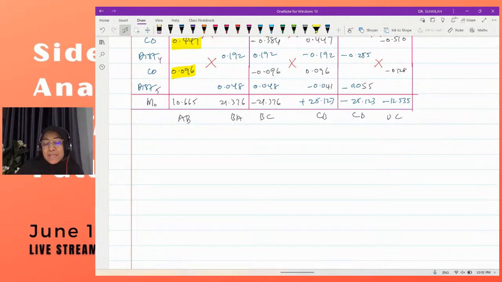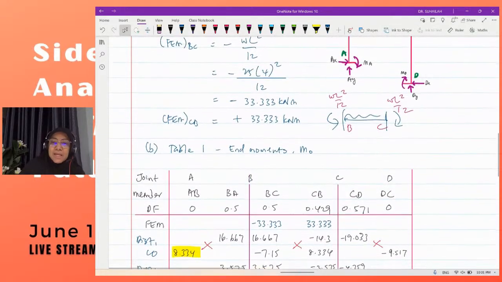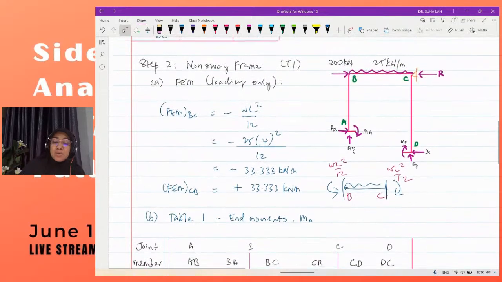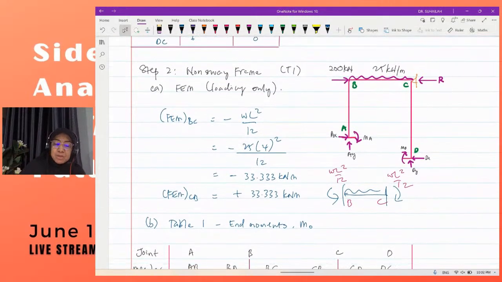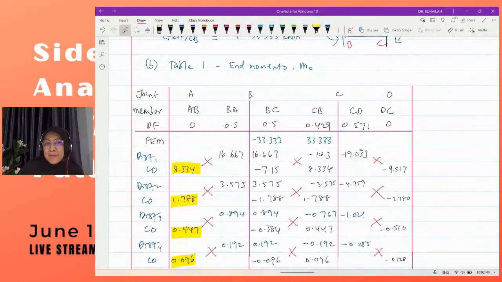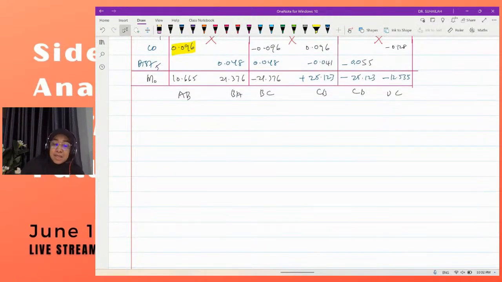Table number 1, this is M naught. So this is step 3, step 2, 2A, 2B. 2A we calculate FEM, 2B we calculate end moment from the distribution table. This is M naught. Okay, now we move to C. Step 2C.